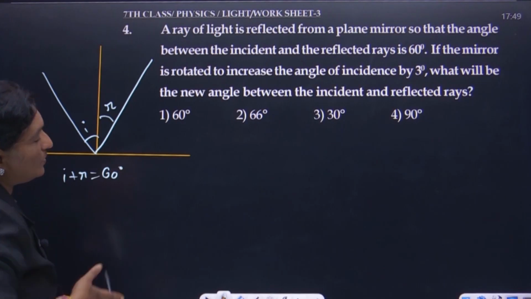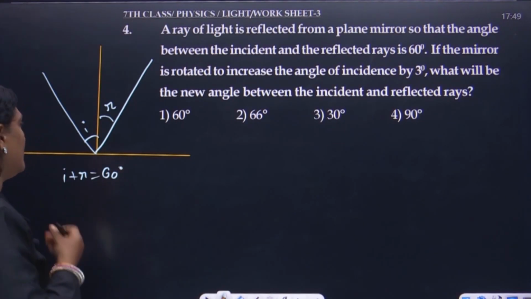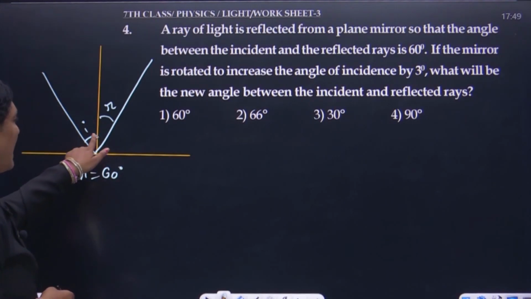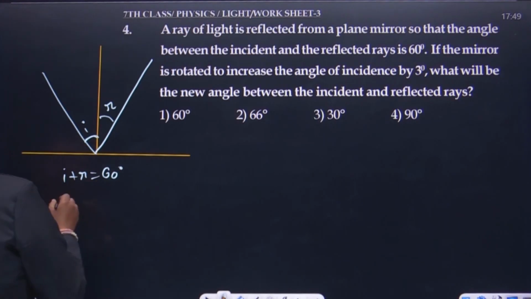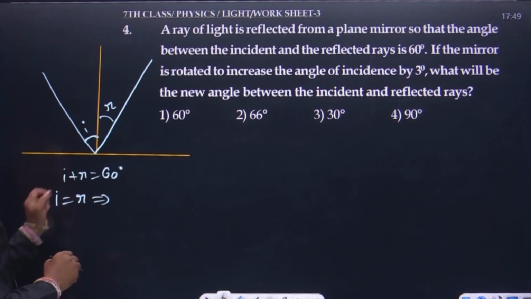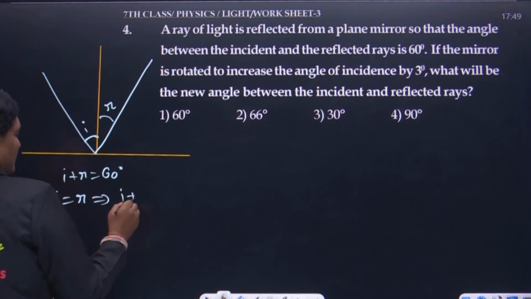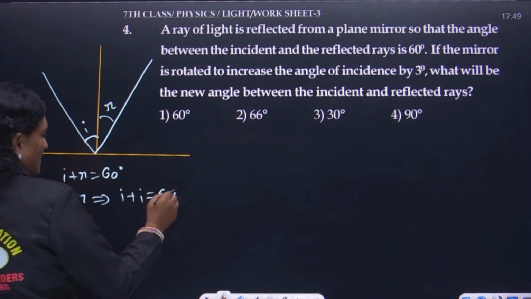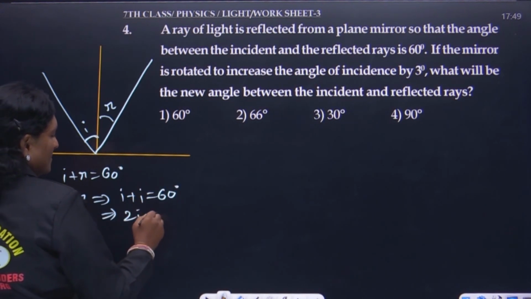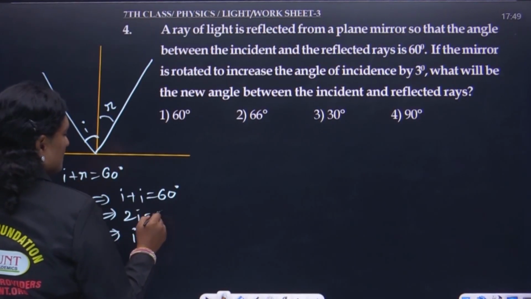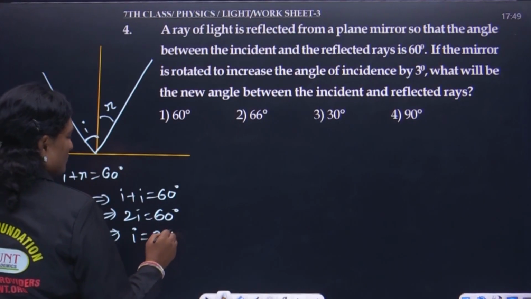If the mirror is rotated to increase the angle of incidence by 3 degrees. Okay. So earlier, I plus R equals 60 degrees, and from the law of reflection we know that I equals R. So wherever you find R, you can replace it with I. So I plus R becomes 2I equals 60 degrees, or the value of I is found to be 30 degrees.